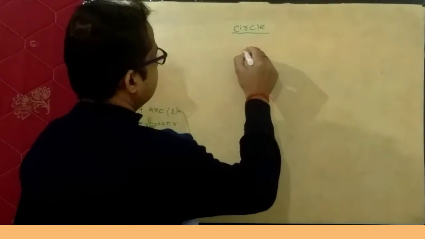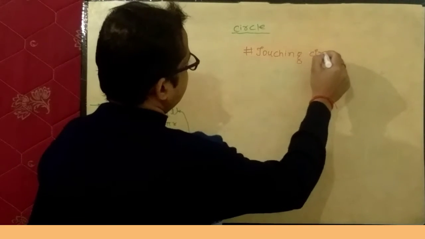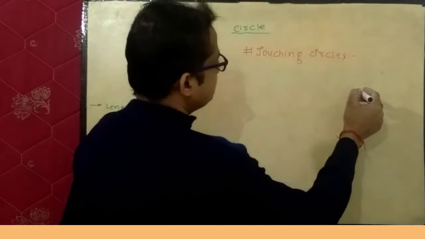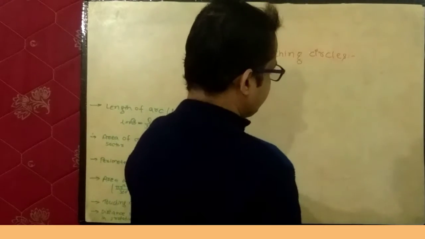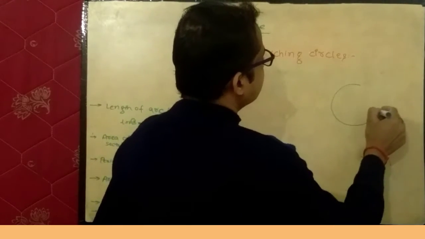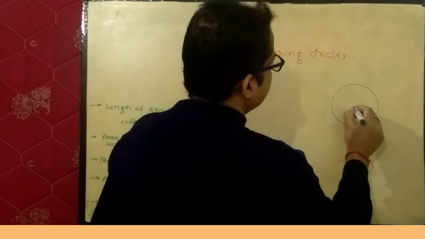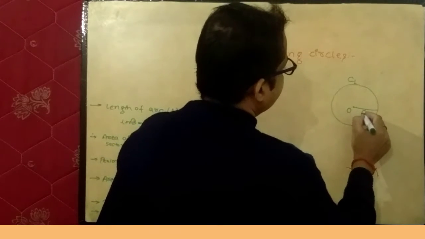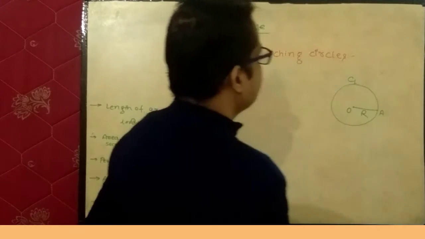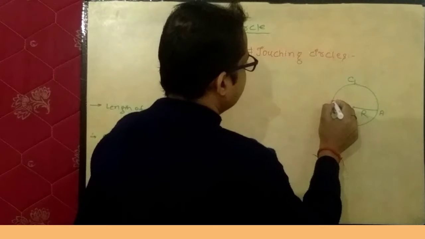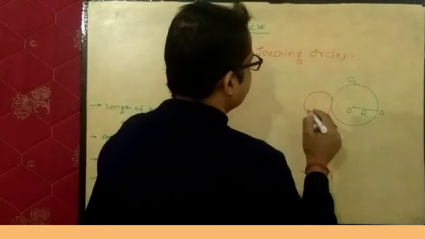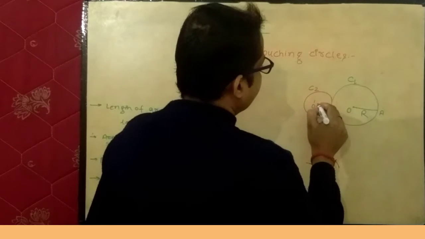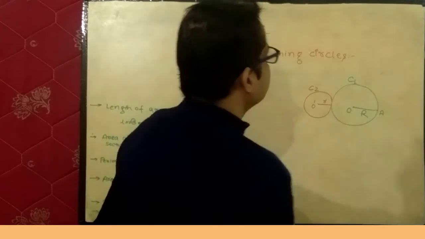Next topic is touching circles. If you consider two circles, this is circle C1 having center O and radius capital R, and the next circle is C2 having center O dash and radius small r.